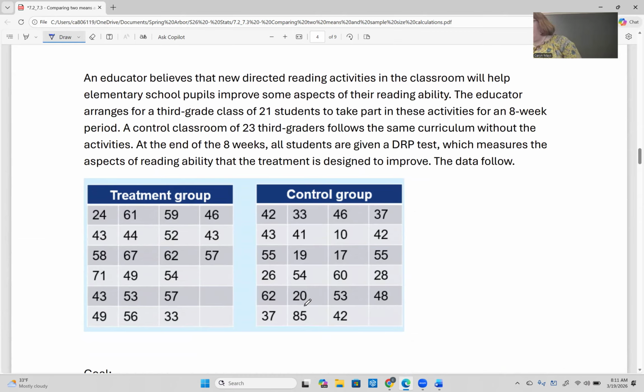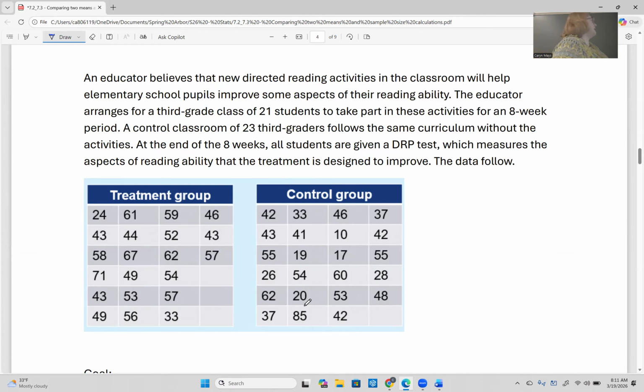The educator arranges for a third grade class of 21 students to take part in these activities for an 8-week period. A control classroom of 23 third graders follows the same curriculum without the activities. At the end of the 8 weeks, all students are given a test which measures the aspects of their reading ability that the treatment is designed to improve.